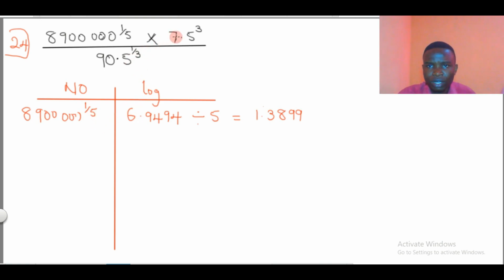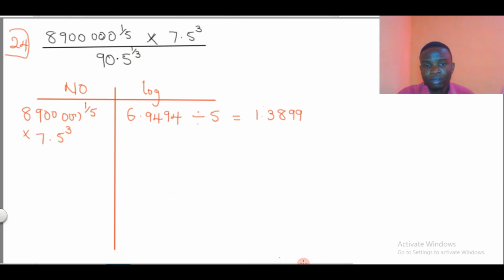The next number that we have there is 7.5 raised to the power of 3. And we are to multiply this times this. First of all, we're going to look for the log value of 7.5 raised to the power of 3.